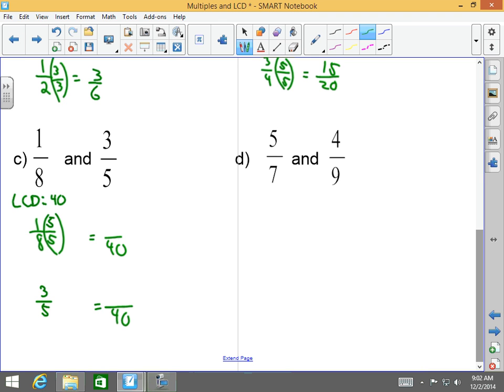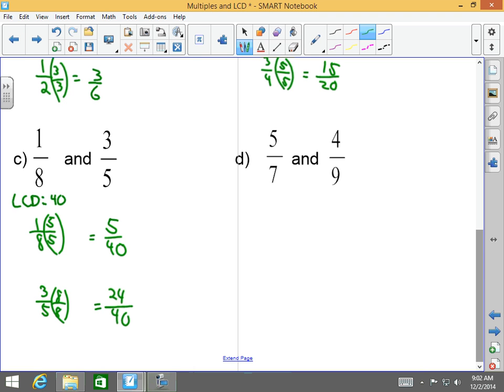Very good. So what's my new fraction going to be? 5/40. Very good. And then what did I multiply to the 5 to get to 40? And what do I have to multiply to the numerator then? So my new equivalent fraction is 24/40ths. Very good.